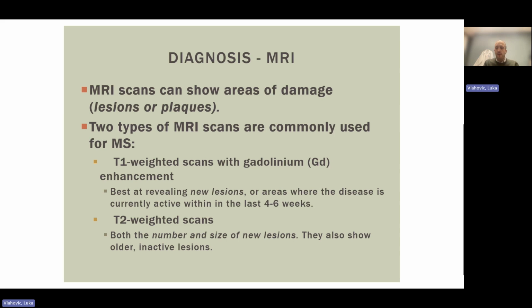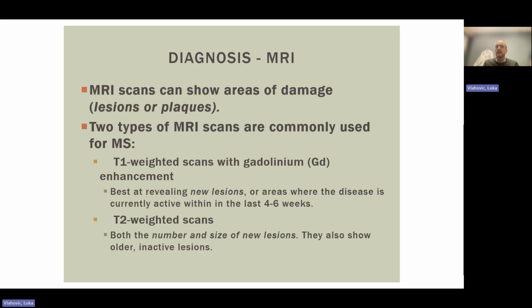Now, as I mentioned, MRI is extremely important. There are many sequences that we use in order to visualize and better interpret various lesions and spots on MRI. Particular ones are T1 with gadolinium contrast, where we're looking specifically for active lesions.